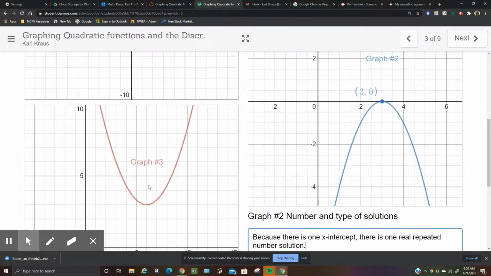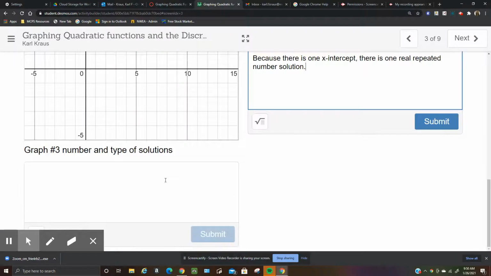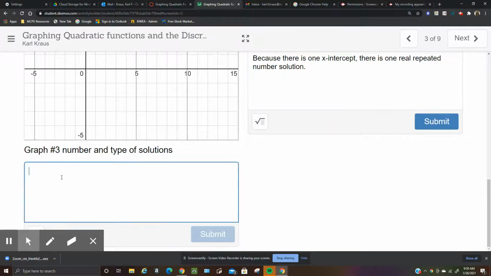In graph 3, there are no x-intercepts, so there are no real number solutions. There are two complex or imaginary solutions.